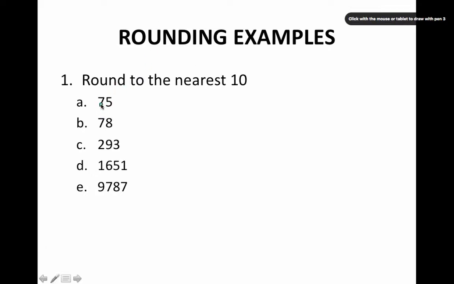So if we want to round this number, 75, to the nearest tens, we're going to identify the tens place, and then look to the number to the right of it, and determine: is this number 5 or greater, or is it less than 5? Since the number in the ones place is a 5, we're going to round the 7 up to 8, and we're going to drop the numbers to the right.